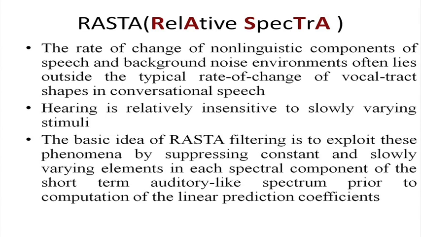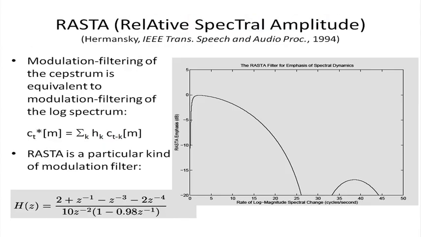So, it is one kind of modification of the spectrum, and then we find the parameters. RASTA is a modulation of relative spectral amplitude. Modulation filtering of the spectrum is equivalent to modulation filtering of the log spectrum. So, those are the modifications of the frequency parameter.